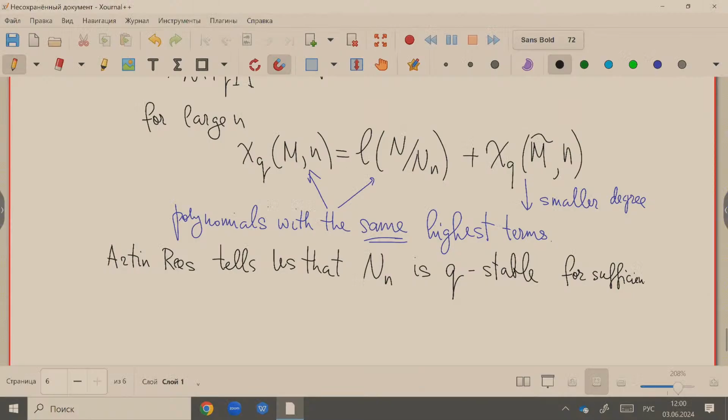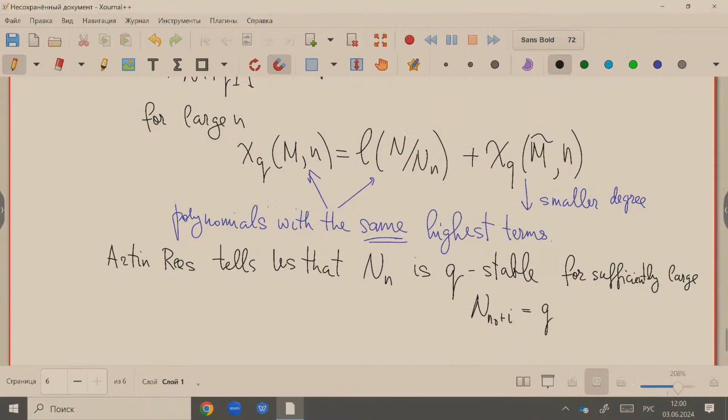For sufficiently large n, M_{n0+i} is equal to Q^i M_{n0}.